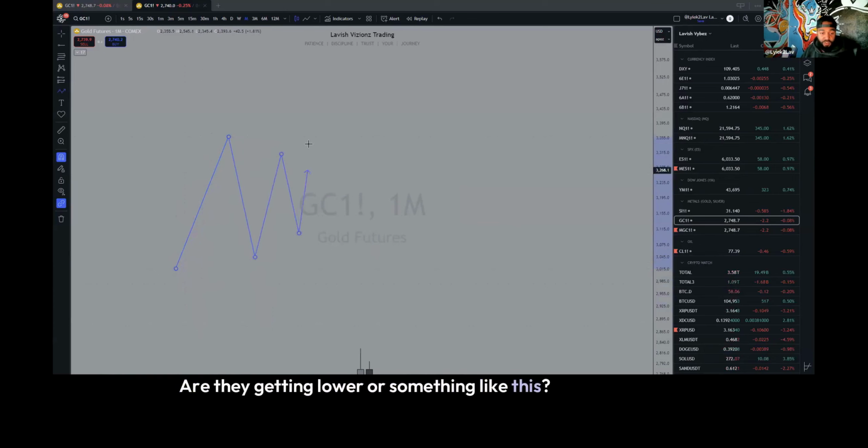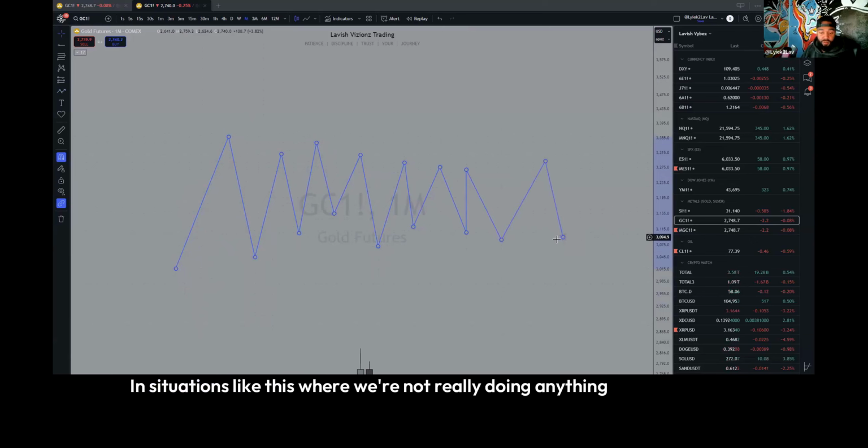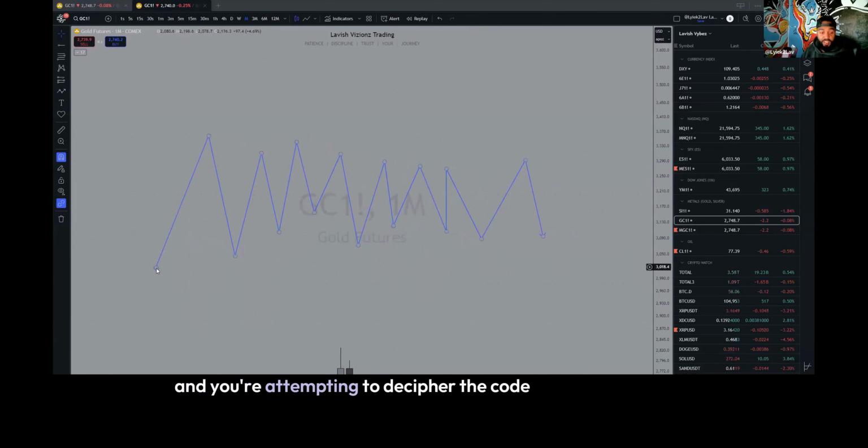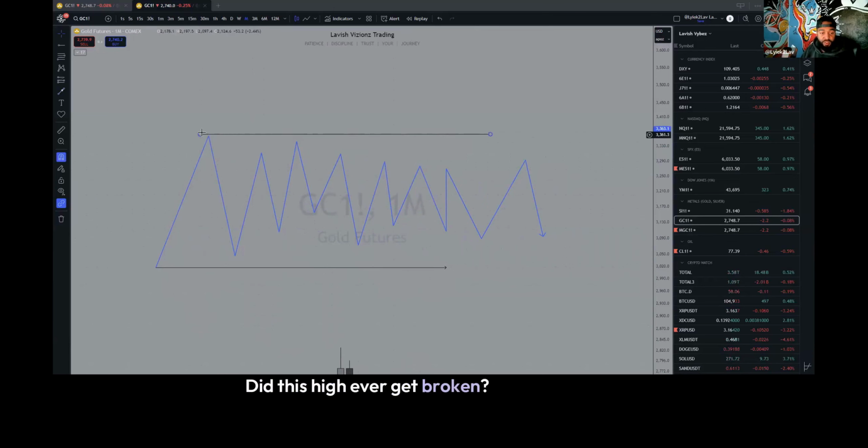Or something like this. In situations like this, where we're not really doing anything and you're attempting to decipher the code, we'll just go back to the left where we start. Did this low ever get broken? Did this high ever get broken?